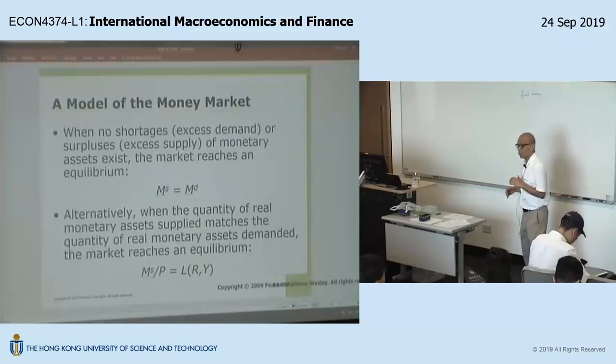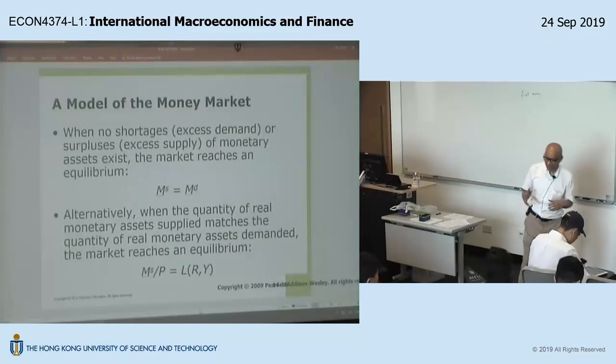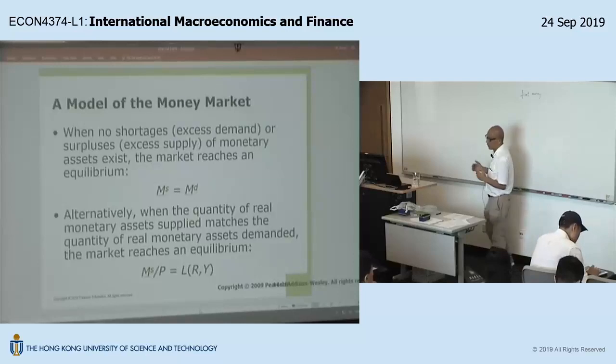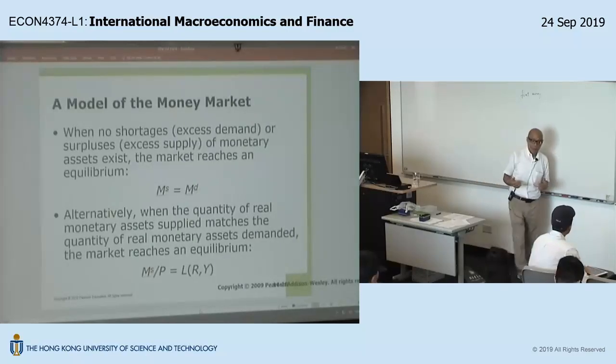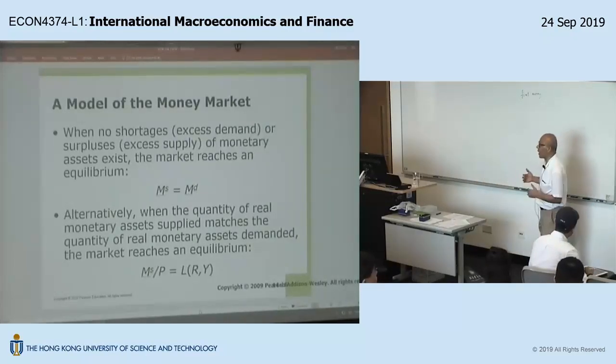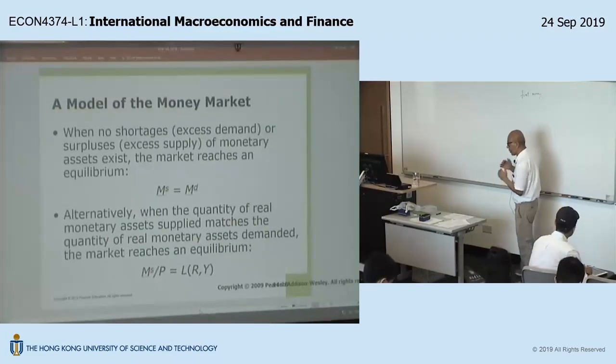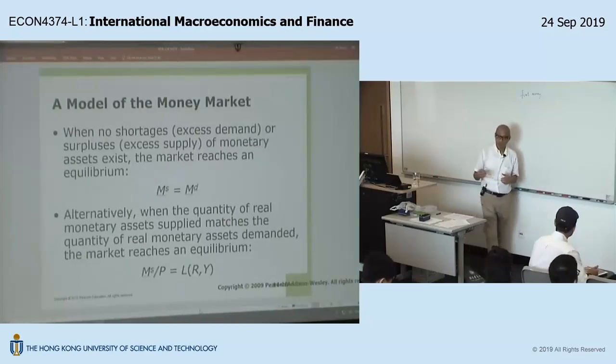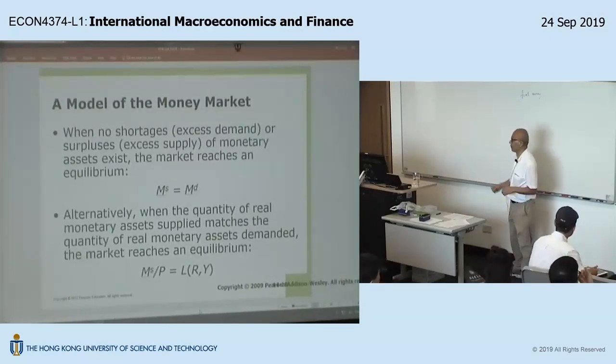So it's pretty much like in other markets. If supply is more than demand, then the price will have to lower. In this case, the price is actually the opportunity cost of holding money.